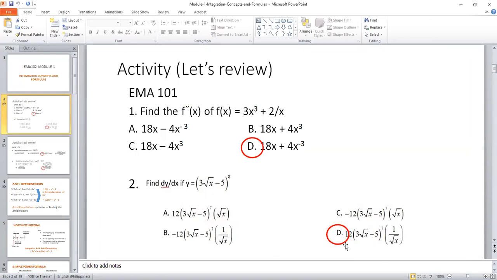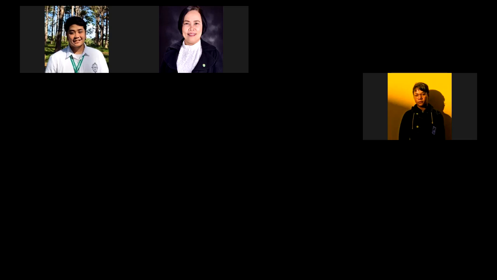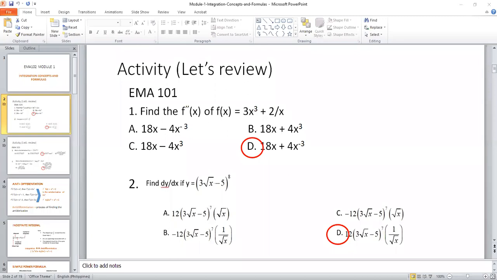Let me stop sharing. If you can still see this on presentation mode, then you will be seeing the answer anyway. Can you see it in presentation mode?